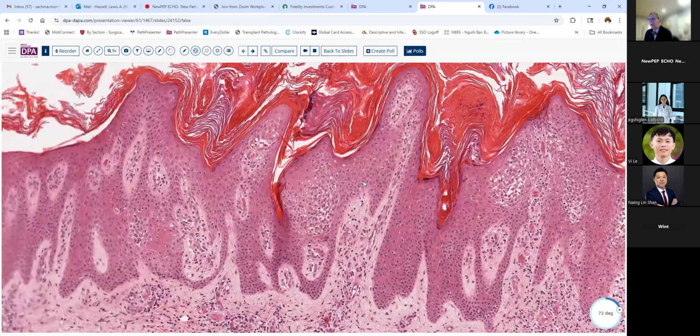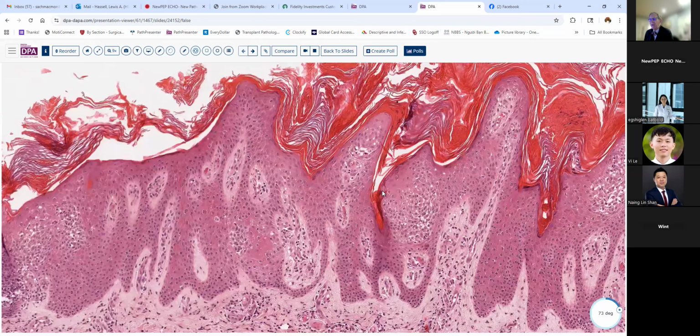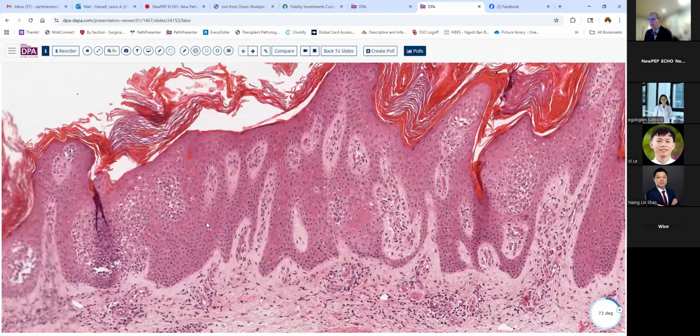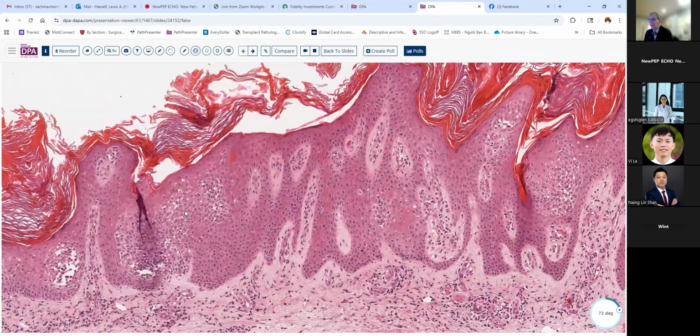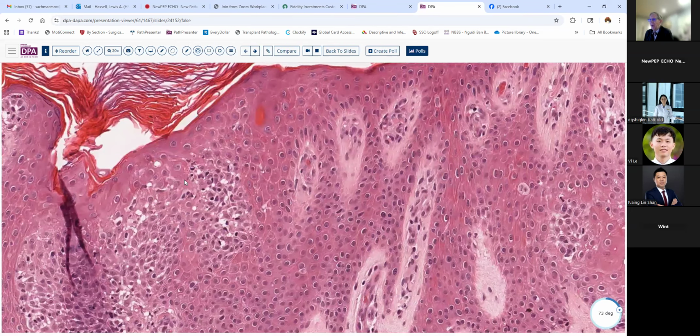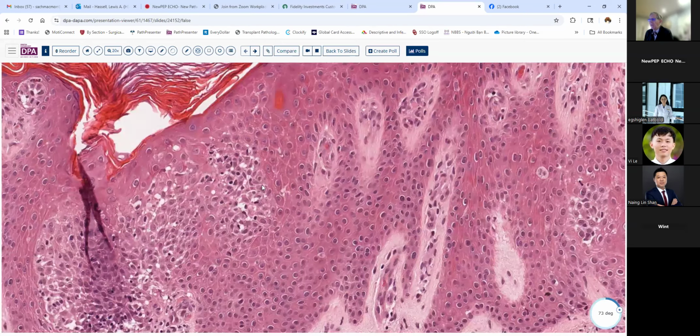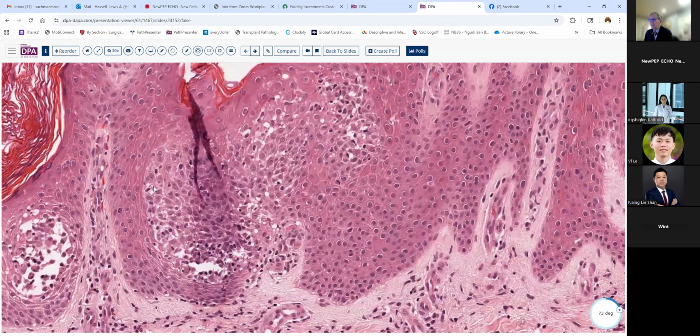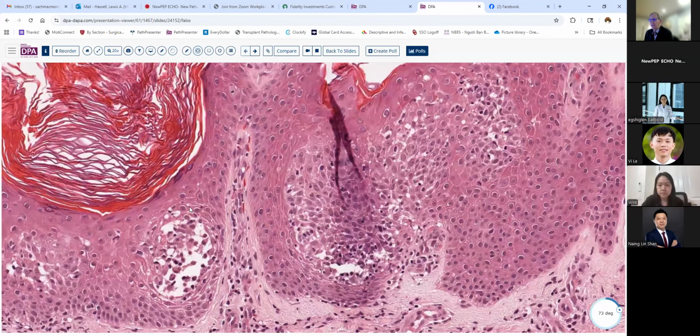But we also will be able to identify here, I think, a few areas where it looks like we have this sort of nodularity to it, almost like nests of nevus cells, like here, and over here.